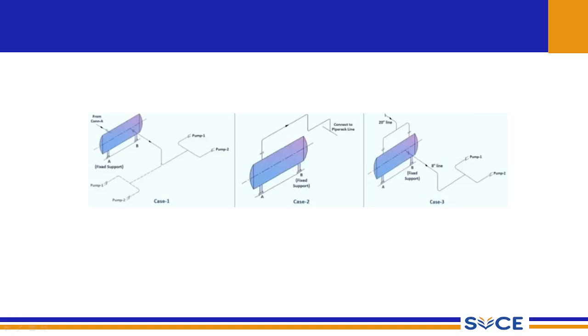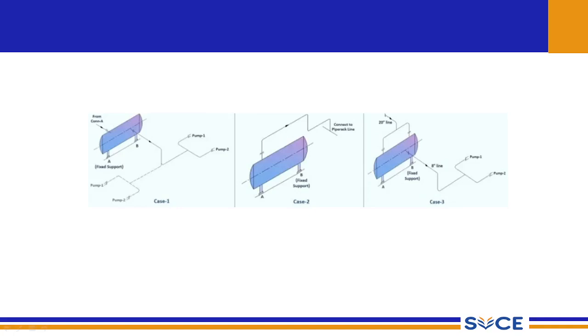Next is case 2. Here there is a pipeline which is connecting to a pipe rack line. The pipe rack line is located at a certain distance, and because of the length of the pipeline going to the pipe rack line, we have to install a fixed support on the other end of the horizontal vessel.